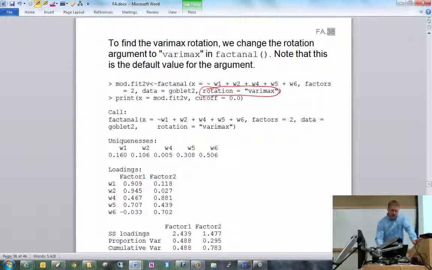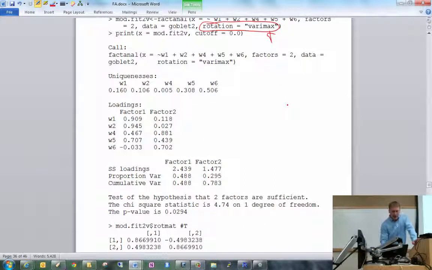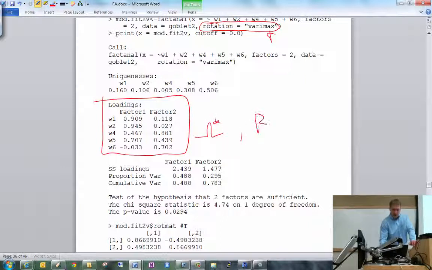The only difference is that before we had rotation equal none as an argument. Now I'm going to have rotation equal Varimax. I'm going to print off the result. And you can verify on your own, the only thing that changes in all the output is now your factor loading. So essentially this would be lambda star, or you could call it B.